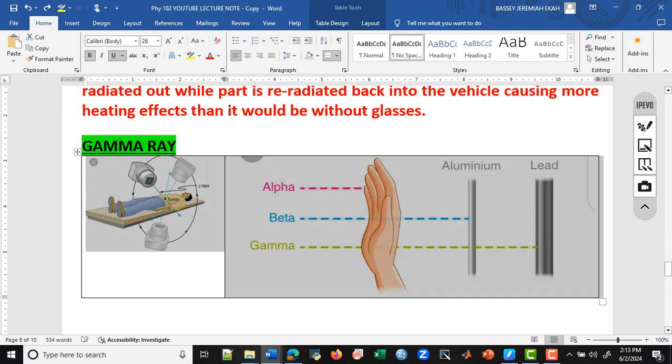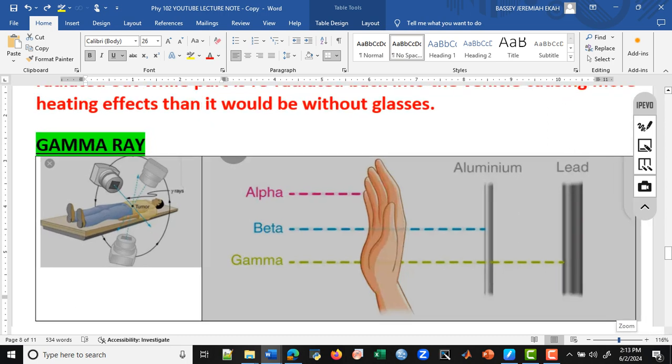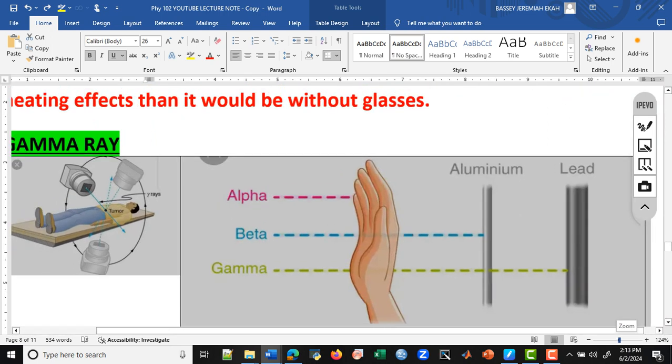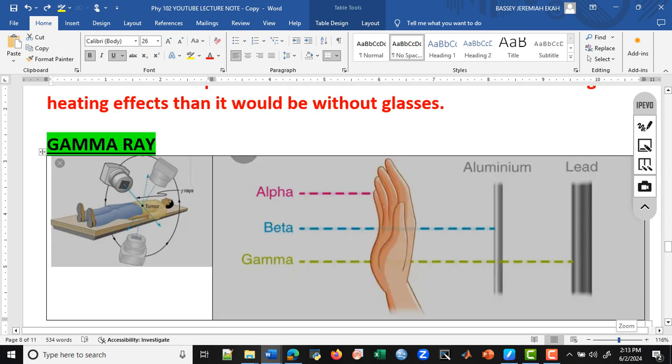Looking at this figure, you see a man lying down, and you see that radiation is being focused on his body. That radiation is the gamma ray.